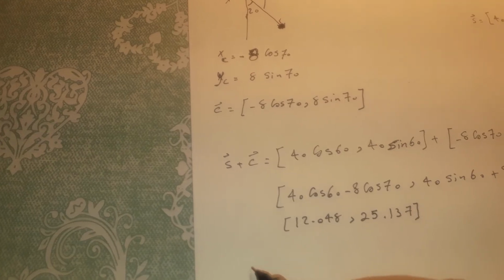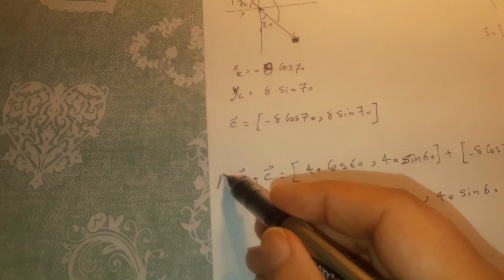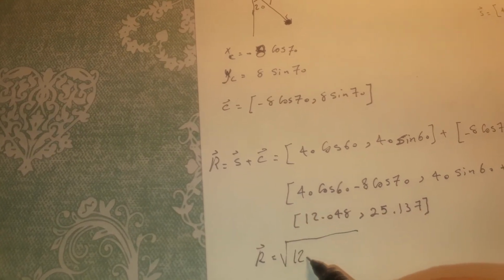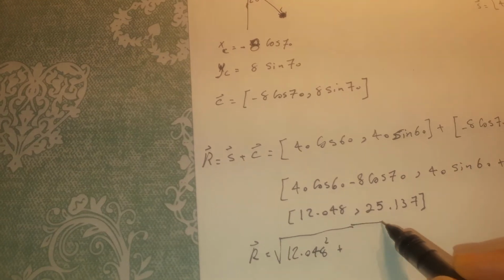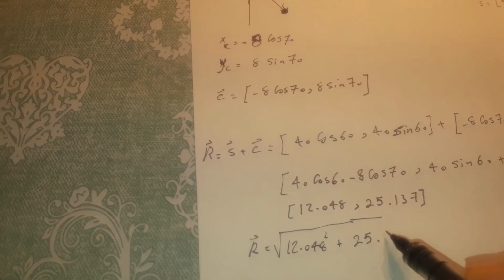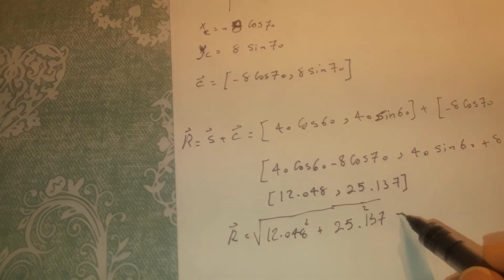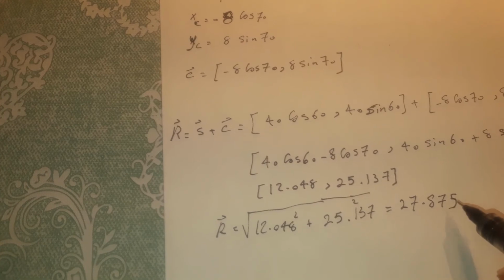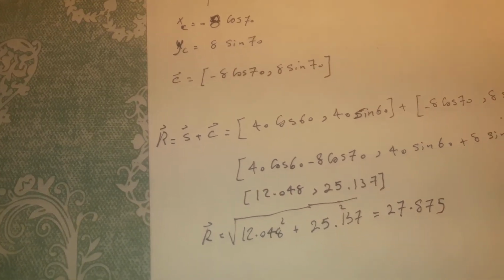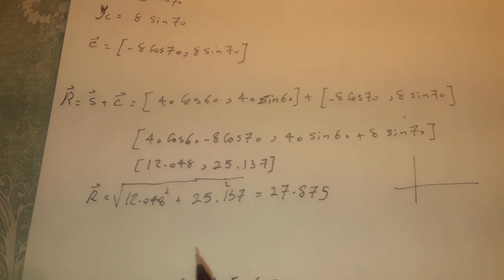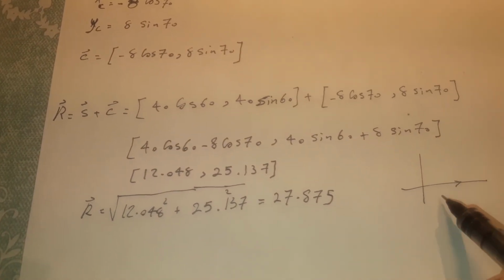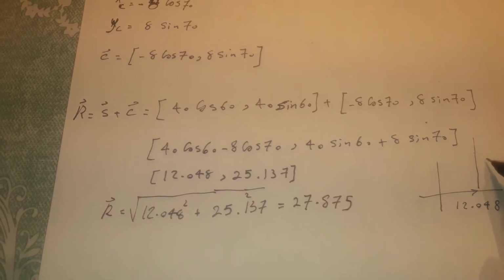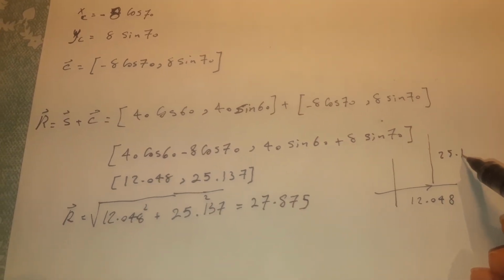So let's say this is the resultant, vector R. R is going to be the square root of 12.048 squared plus 25.137 squared. Then I put it in a calculator, and it's going to be 27.875. The x component of my resultant is positive 12.048, and the y component is 25.137.